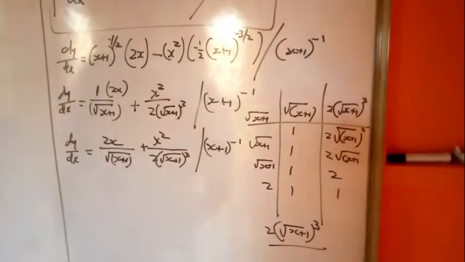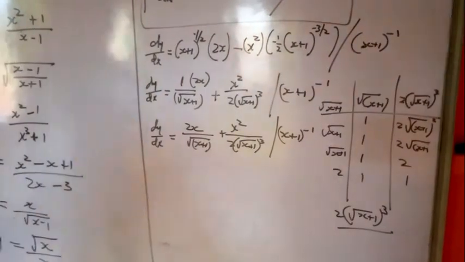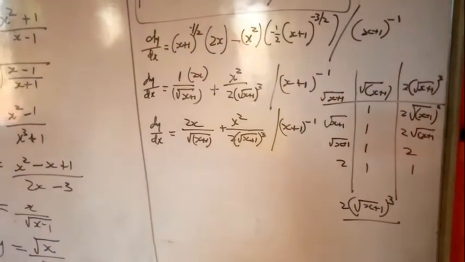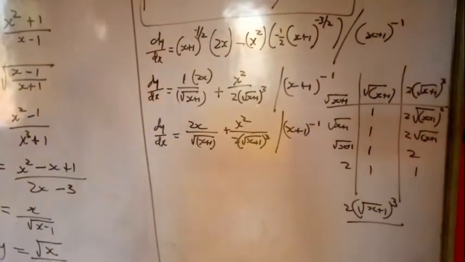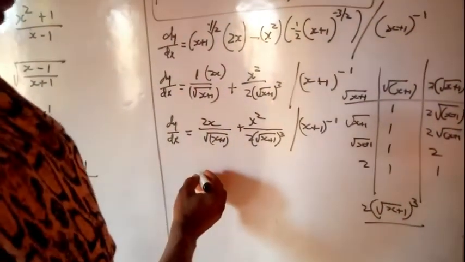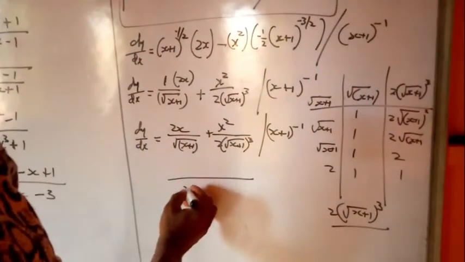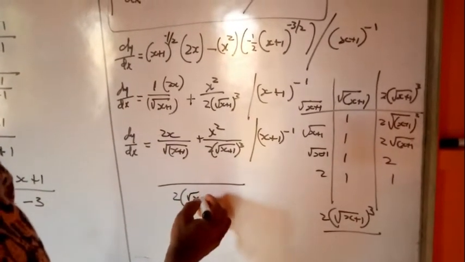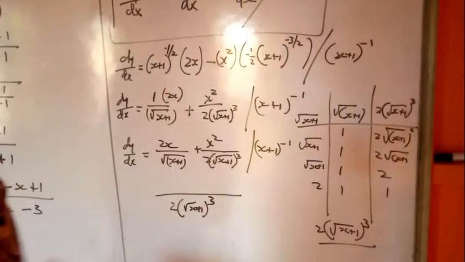So please get this right. I think that is a very important point you need to know. Once you have dissected it, you are going to get it through with ease. So you find your LCM: 2 into root x plus 1 raised to power 3.